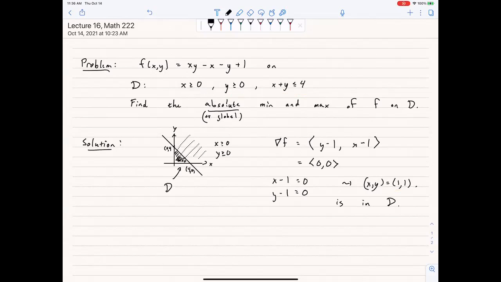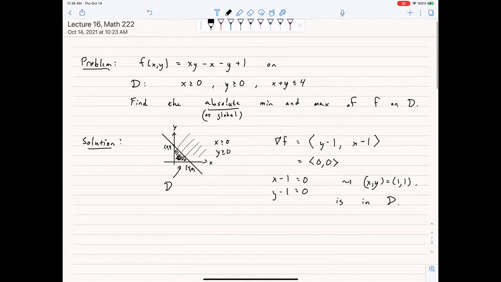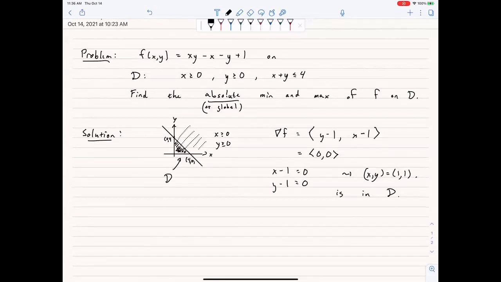All right, so now it's nice to just apply a second derivative test and see what type of critical point this is, what the local behavior of f is near this point. So here we can just calculate the Hessian. And in this case, we have to take the partial of y minus 1 with respect to x, that's 0.